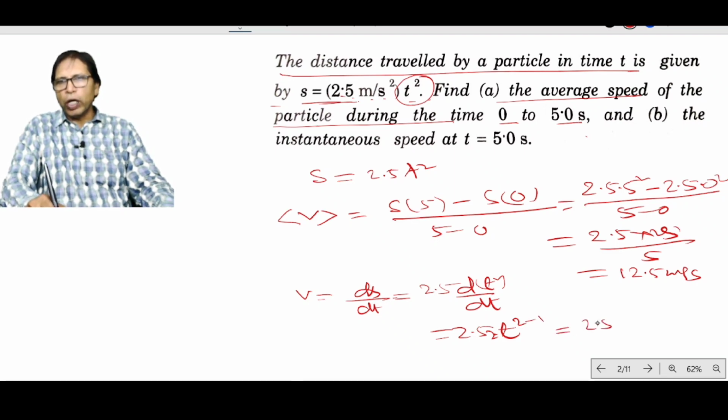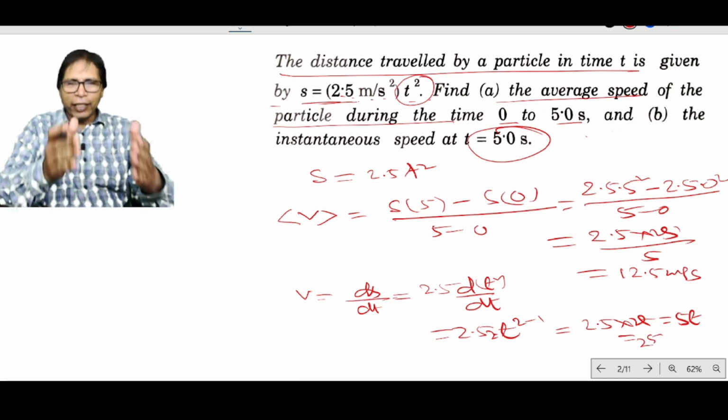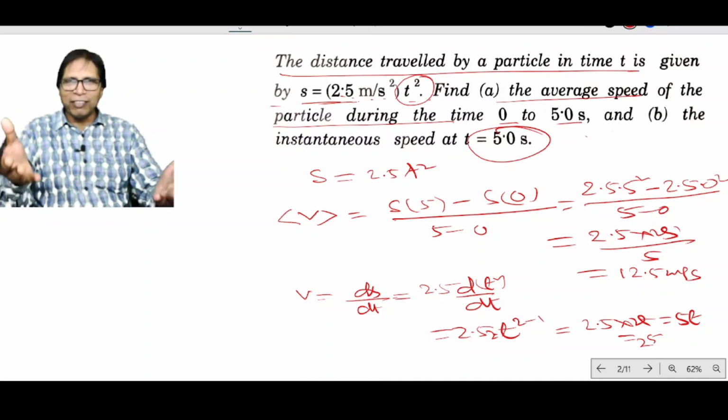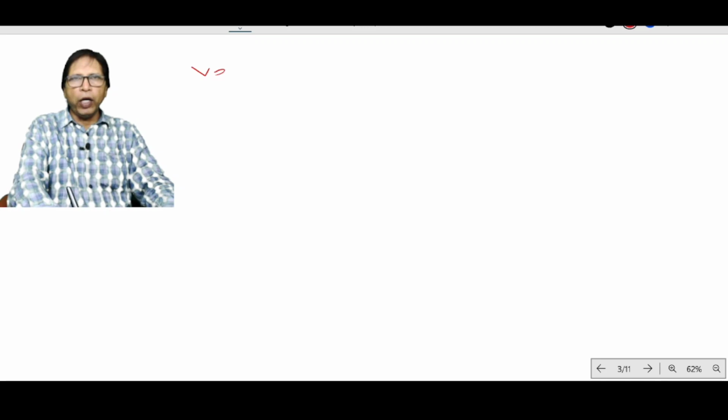So this is 2.5 into 2t, so this is 5t. Now here t equals 5 seconds. So this is 25, the instantaneous velocity at the time t equals 5 seconds. Okay, understood? Next.